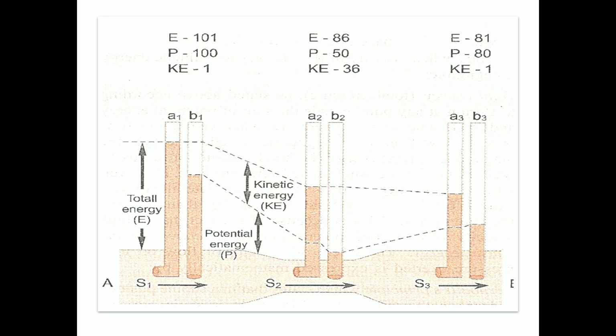Situation number 1, pre-stenosis, normal blood flow, where you can see the total energy is there. So there will be a potential energy that is generated, kinetic energy that is generated, which is 100, and kinetic energy is 101.